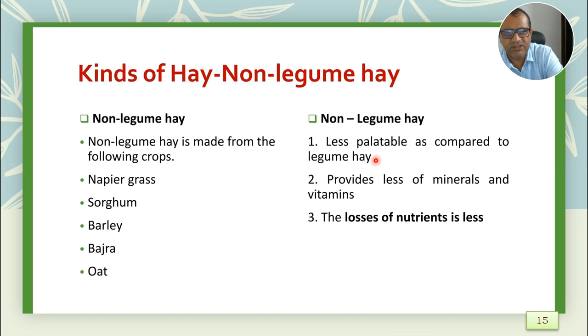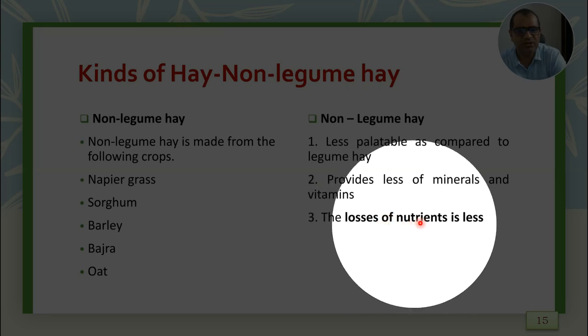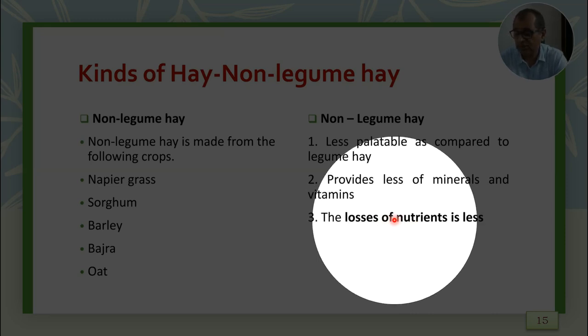Non-legume hays are less palatable to the animal as compared to leguminous hays. See, the loss of nutrients is always less when compared to the other types.